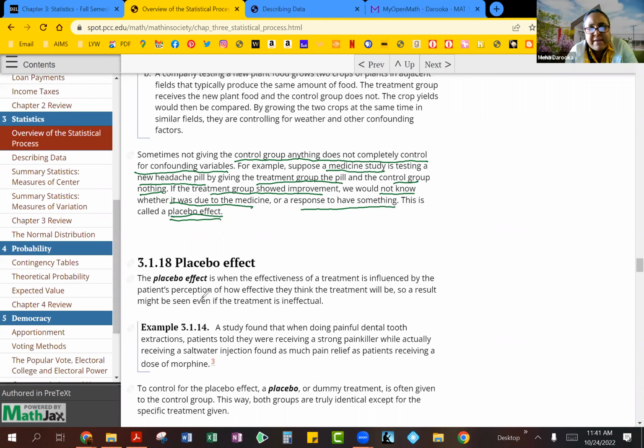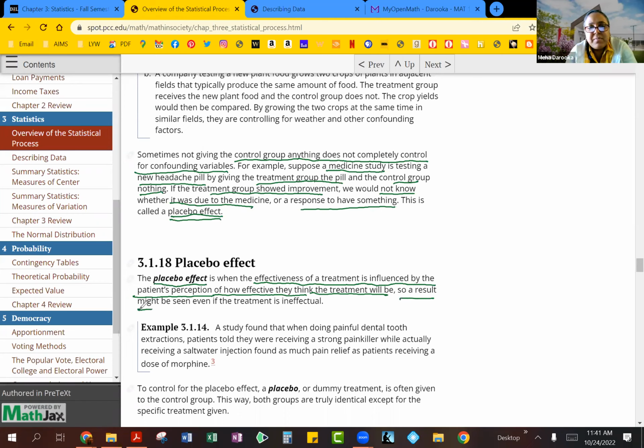So if you look at the definition over here, the placebo effect is when the effectiveness of a treatment is influenced by the patient's perception of how effective they think the treatment will be. So not really because they are getting the new medicine and it's the new treatment that's helping me, but just that perception of, yes, this is going to be effective and I'm going to feel better, or whatever the result might be.